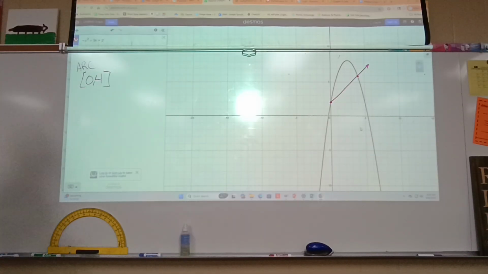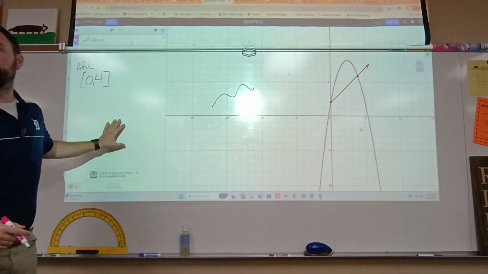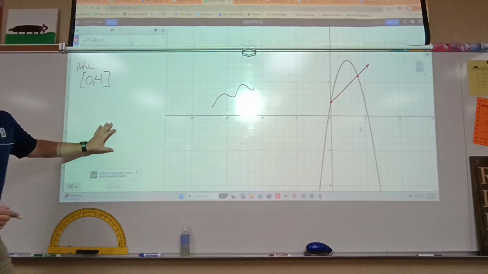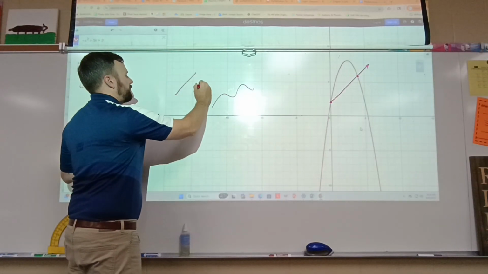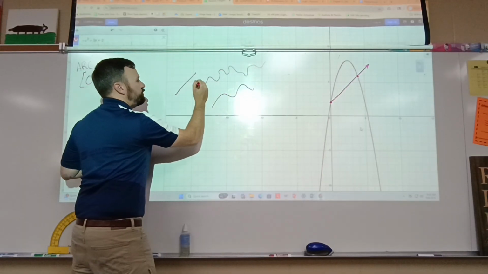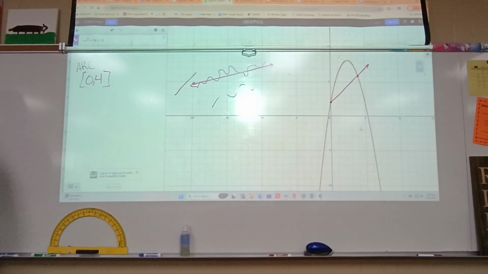And the reason why average rate of change is important: if you ever trade stocks, buy stocks, stocks don't go like this, right? They go like this. You know what I mean? So what you do is you find the average rate of change on those stocks to tell you the general feel of it. Is it actually going up or down?